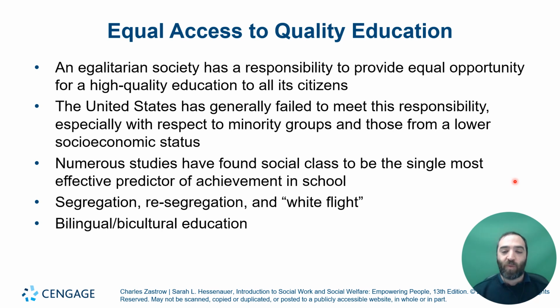But white flight was where, when desegregation happened and the white schools were forced to accept primarily African Americans into their academic halls, a lot of white families put their children in private schools, right? So in the 1960s, it was parents that didn't like black people who withdrew their children from the schools. Today, it's parents that don't like poor people that withdraw their children and put them in private schools.